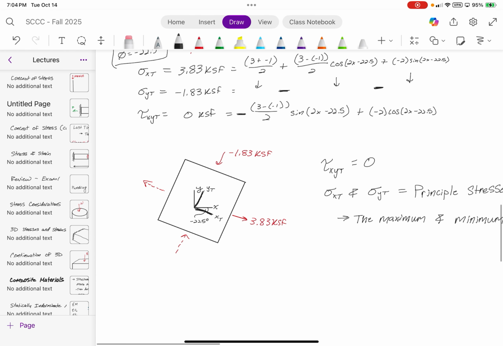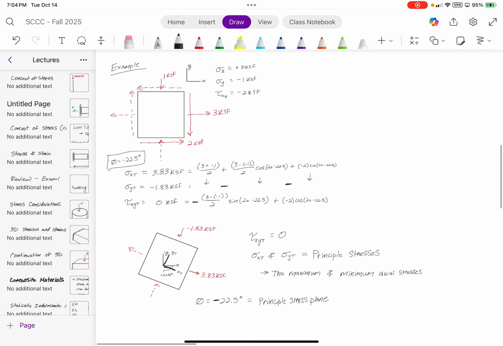And what's significant about this negative 22.5 is that it's equal to the principal stress plane. Note that it's not always 22.5 or negative 22.5, I mean.